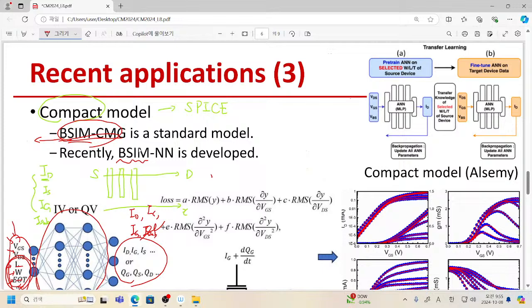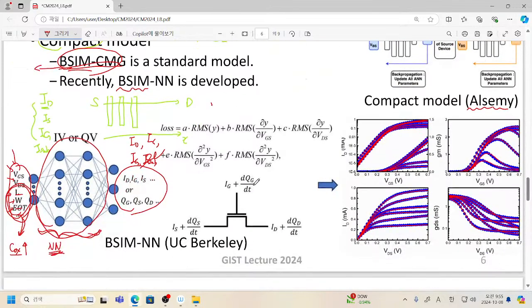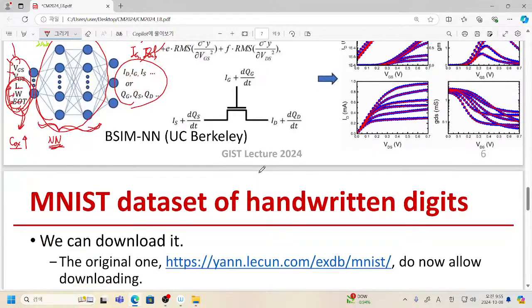I also wanted to mention that there is a Korean startup company called RSemi, and they are also developing similar models. Yes, they are also publishing some of their own approach to make a neural compact model. Although I'm showing just the BSIM group and RSemi, there are many other research groups who are trying to build this compact neural model.